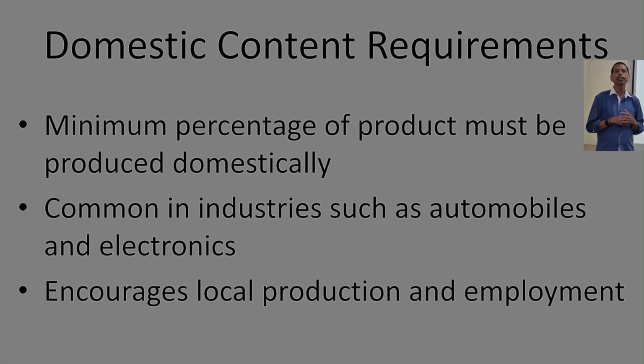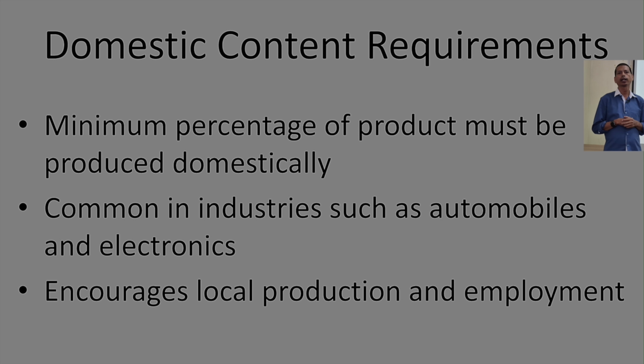Another important non-tariff barrier is the domestic content requirement. Today, many products are made using global supply chains. Parts might be produced in several different countries and assembled somewhere else. Domestic content requirements limit this process.